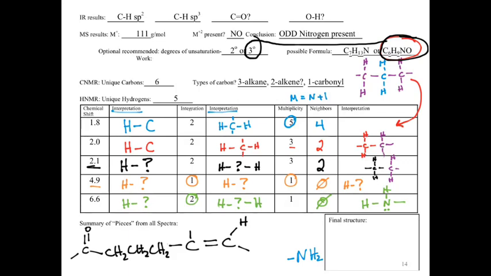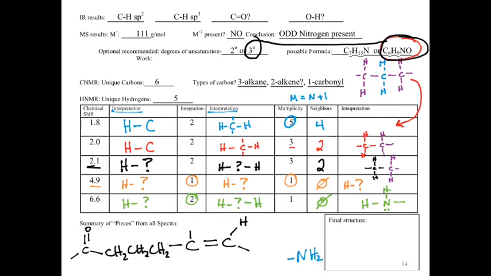And the degrees of unsaturation says that we have 3 degrees, which means I need either 3 double bonds, 3 rings, or some assortment of those 2. When we take a look at our structure, we only have 2 pi bonds, which means we're going to have to bring in another degree of unsaturation in some way.